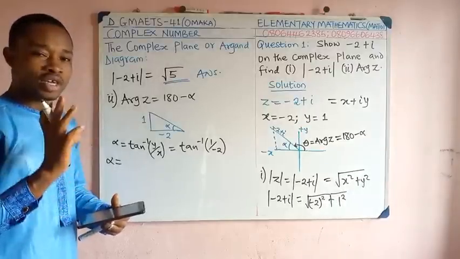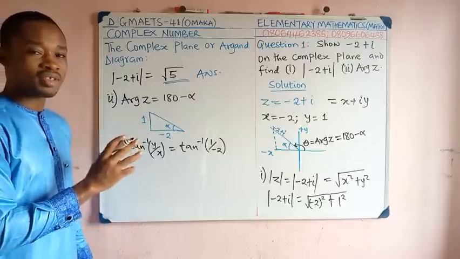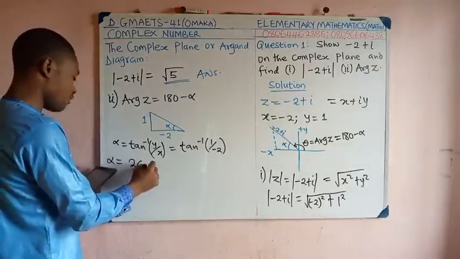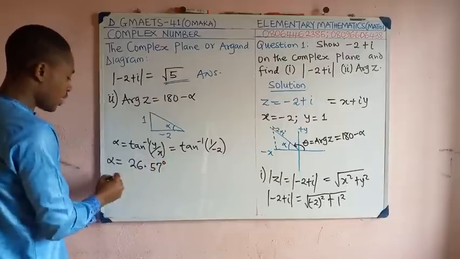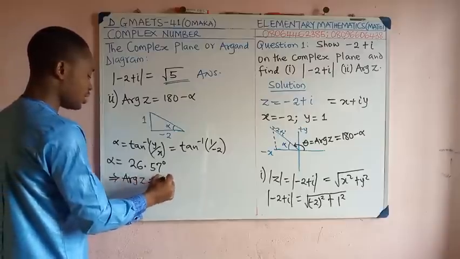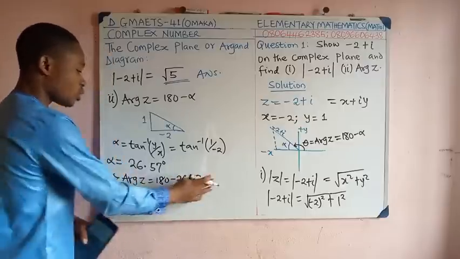But like I said, we're only interested in the positive result because we're trying to calculate the argument, the value of the angle. So this is going to be 26.57 approximately in degrees. It implies that the argument of z is now 180 minus 26.57. What would this give to us?